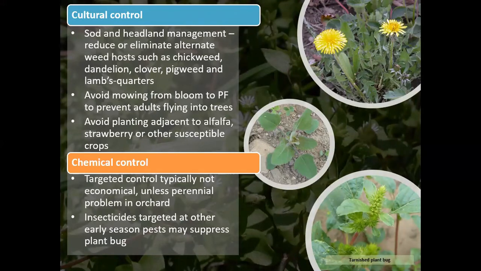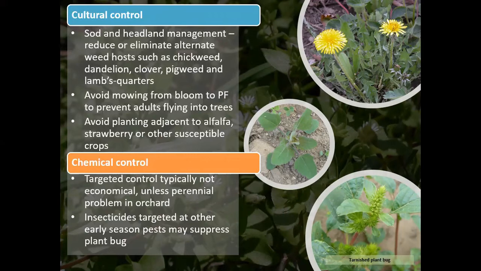Populations of tarnished plant bug are highly correlated to weed management within the orchard. They prefer habitats like chickweed, dandelion, clover, pigweed, and lamb's quarters. So presence of these weeds in the orchard will facilitate populations of tarnished plant bug. It's also important to avoid mowing from bloom to petal fall, as the adults that are down in the weeds on the orchard floor will then be disturbed and fly up into the tree.